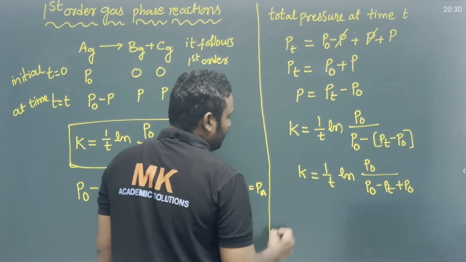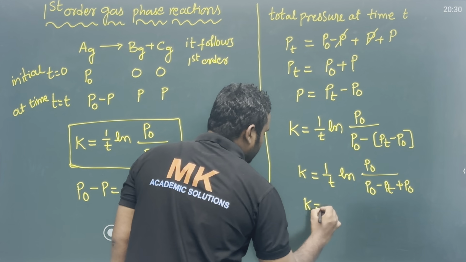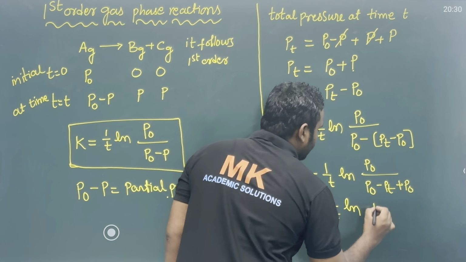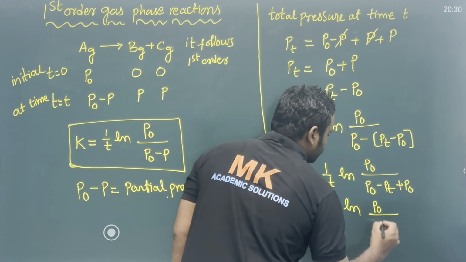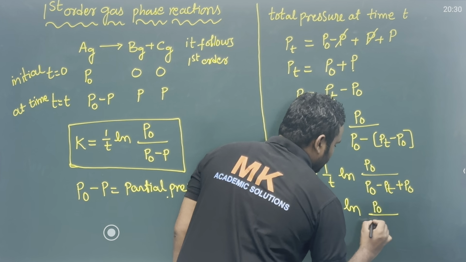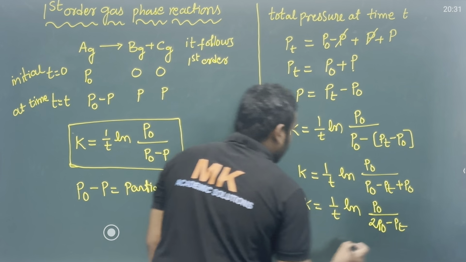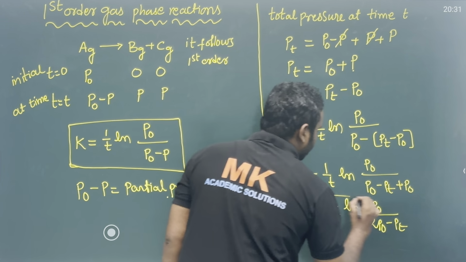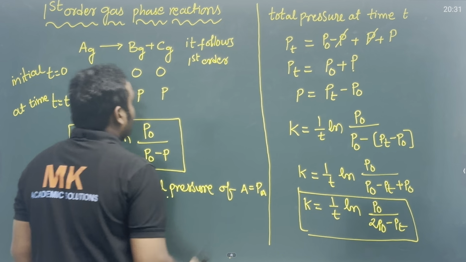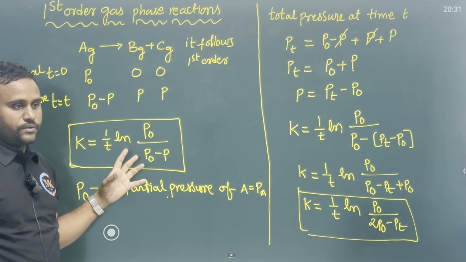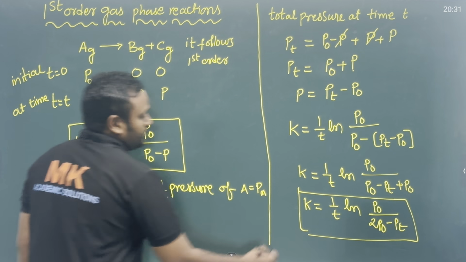The equation becomes K is equal to 1 by t ln of P naught by 2 P naught minus Pt. This is the rate constant for the first order gas phase reactions. Sometimes they will directly ask you.